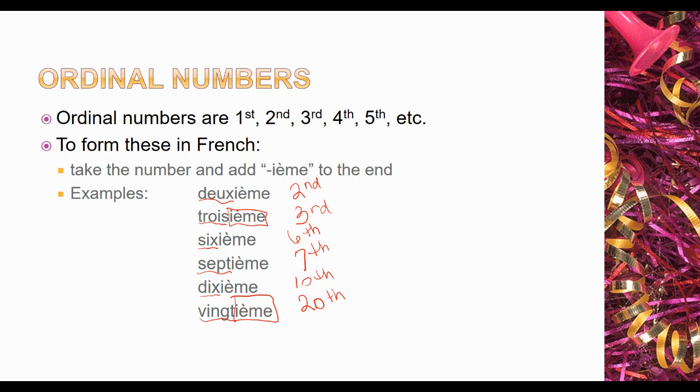So far, deuxième, troisième, sixième, septième, dixième, vingtième. And I think I've got one more. We've got cent, and remember, cent is 100. So centième would be 100th. So again, deuxième, troisième, sixième, septième, dixième, vingtième, centième.